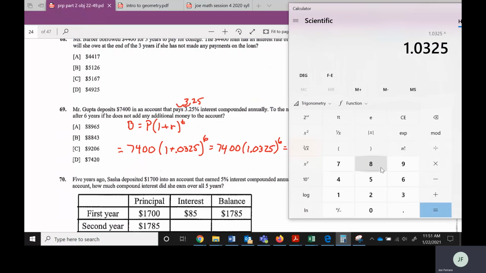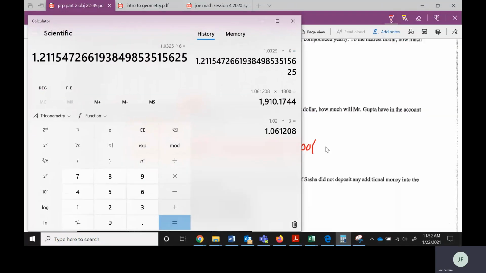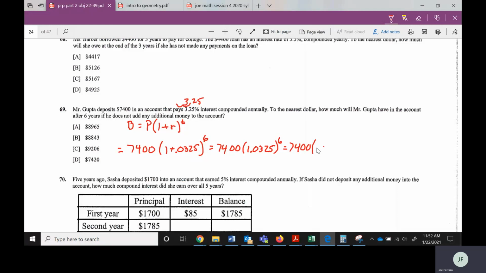You're going to hit that. Hit 6. Now, I'm not going to write out all these numbers, but we got 1.2115, whatever.